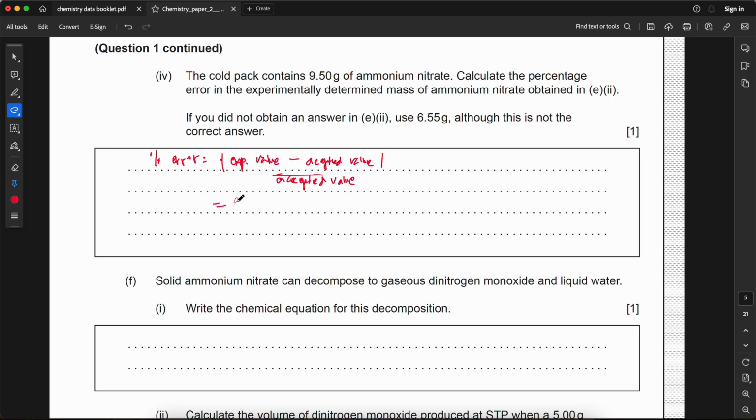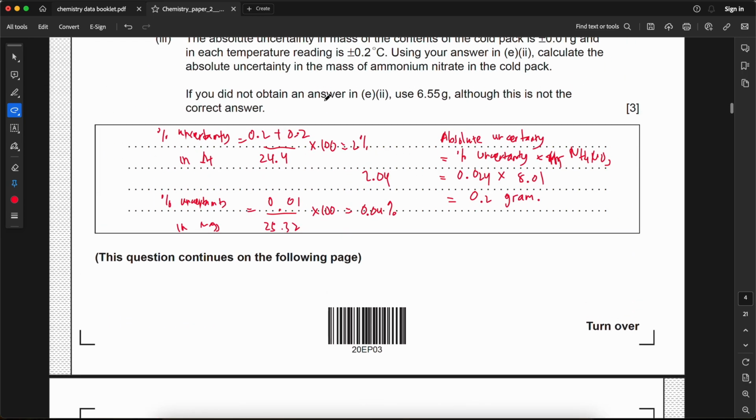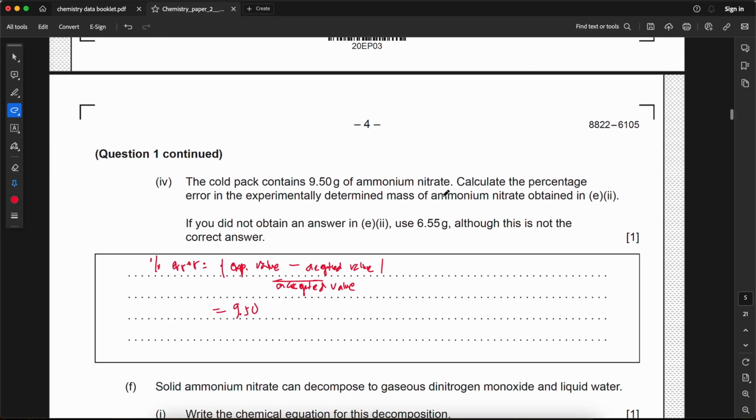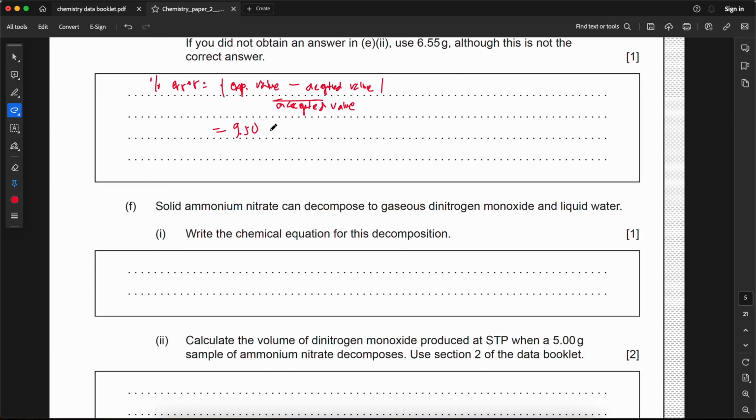So that would be 9.50 minus, this is the mass, 8.01. Okay, you get 15.7%.